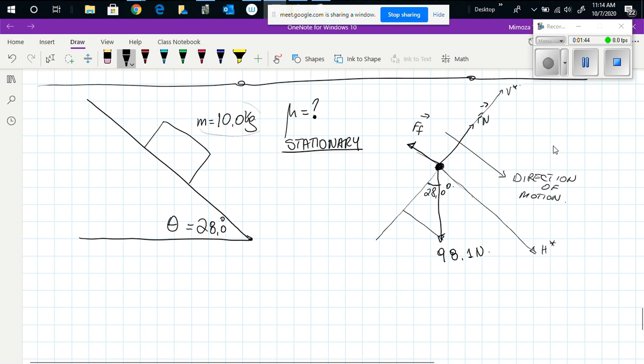So then what we have here is the horizontal component of force of gravity and the vertical component of force of gravity.